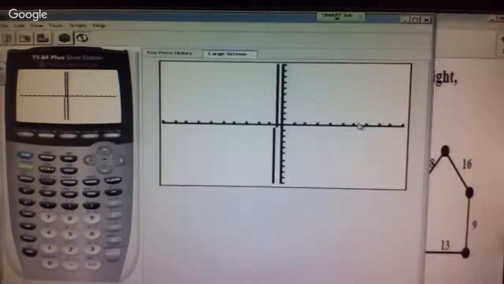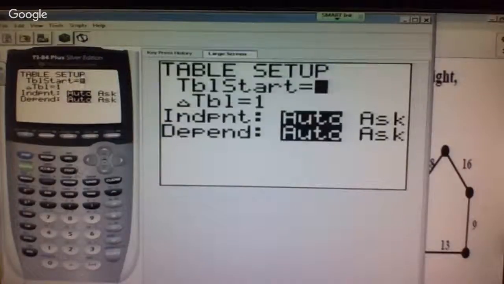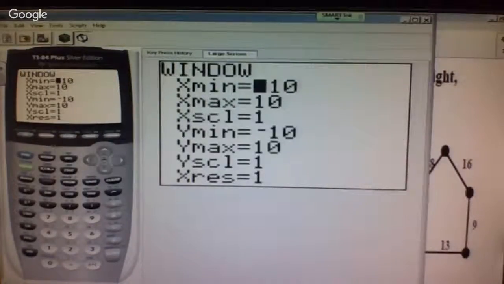Where's the other point? Miss Smith, where did the other one go? Okay, so what you can see right now is it going up. You can't see how high it's gotten, and you can't see it come back down. So I need to see up. You need to change your Y max. Change it to probably like 2,000.